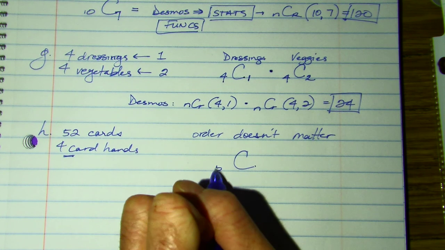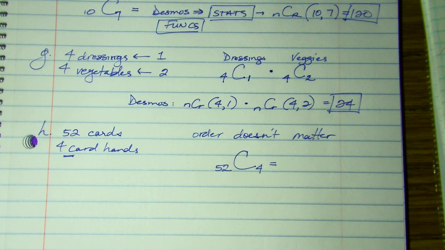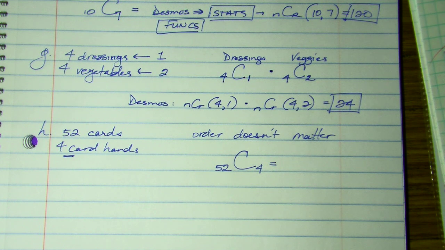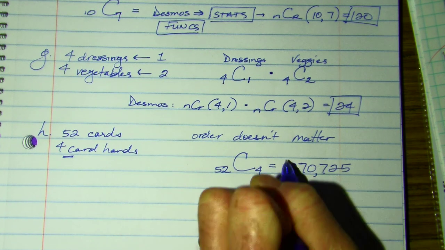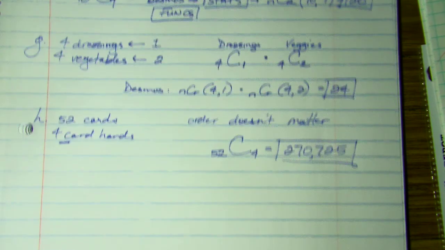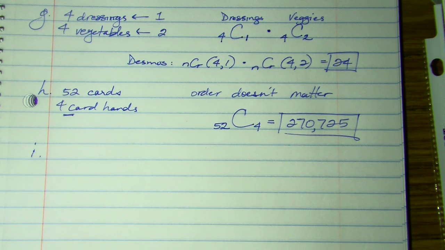My total is 52, but I'm choosing 4. And so that is what I'm going to enter. Into Desmos, I'm just going to edit the last one we did. And I'm going to put 52, 4. But my fingers are so big. And I get 270,725 possible 4-card hands.